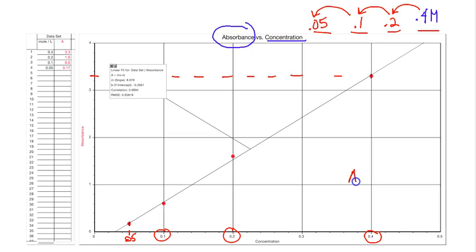The absorbance is proportionate to the concentration. If you have higher molarity, more moles per liter, you're going to have more of that compound, and if it has a color it's going to absorb more of the light. So that's why the 0.4 is highest, and of course it goes down.